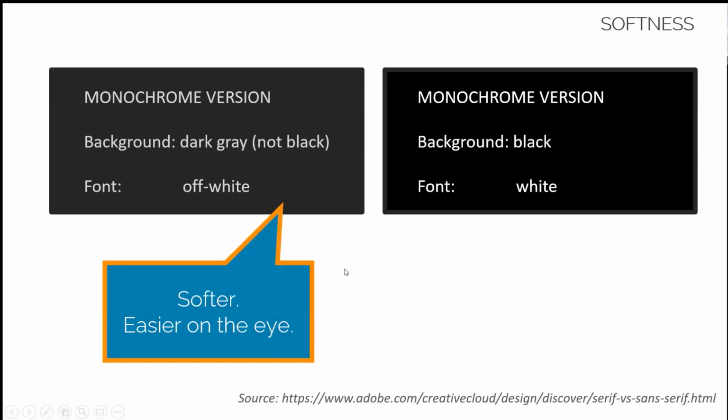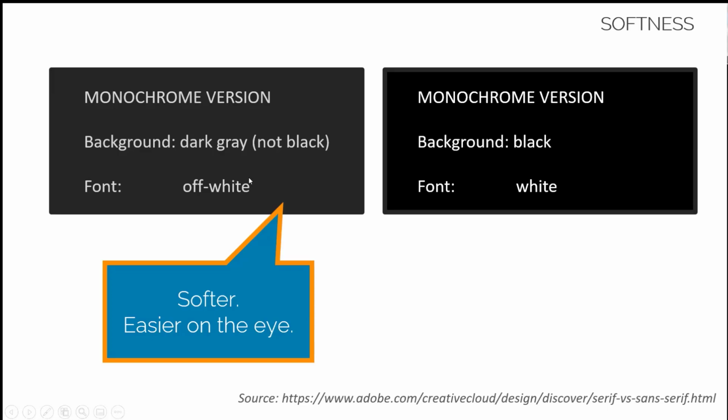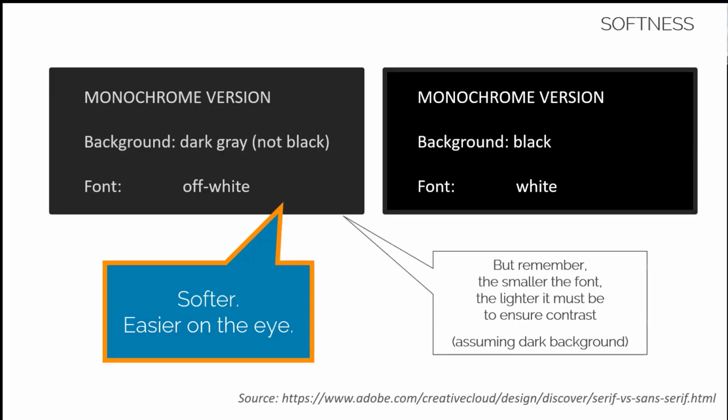I find this softer, easier on the eye. And we've still got good contrast. We're not compromising contrast at all. But if the font was smaller, then we might just go to a pure white font for smaller text.